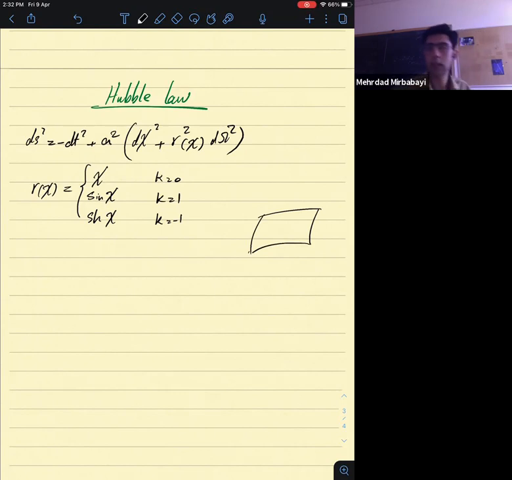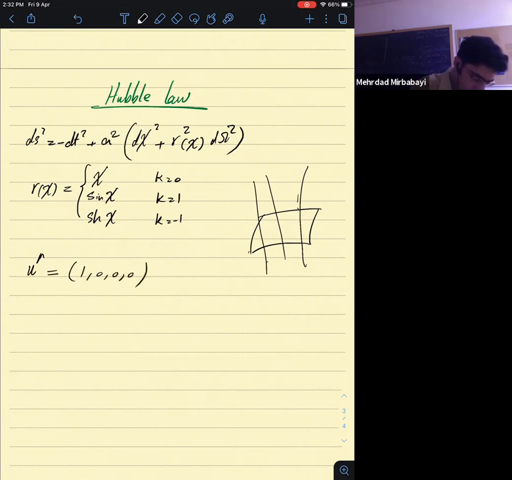So let's talk about those preferred observers. I said there is a set of preferred observers who observe the universe to be homogeneous and isotropic. What is the four-velocity of those observers? I claim that the four-velocity of those observers is given by just (1, 0, 0, 0), and they are geodesics.